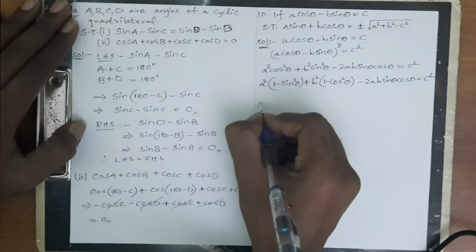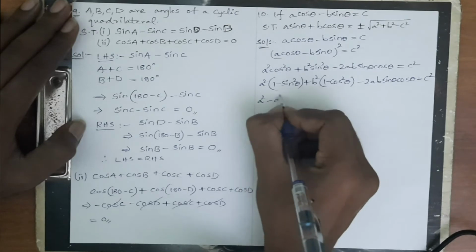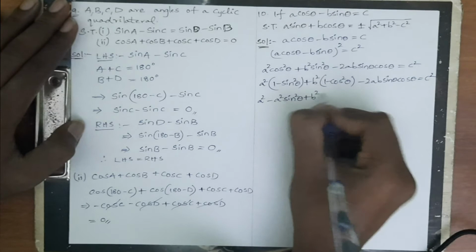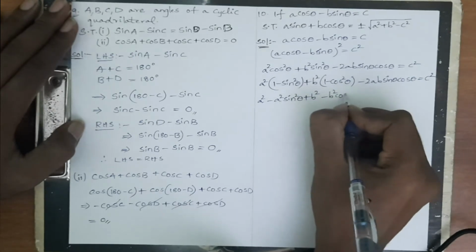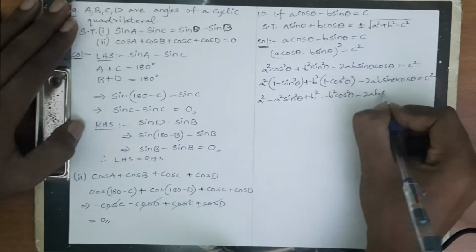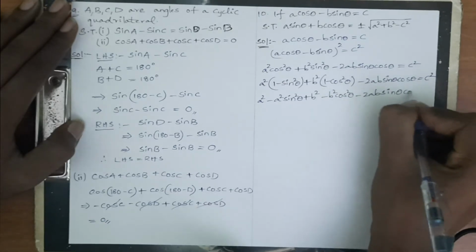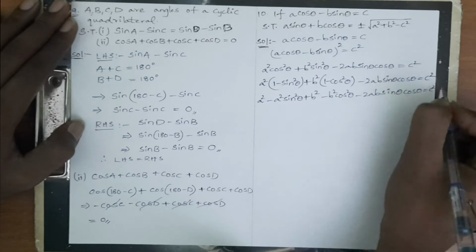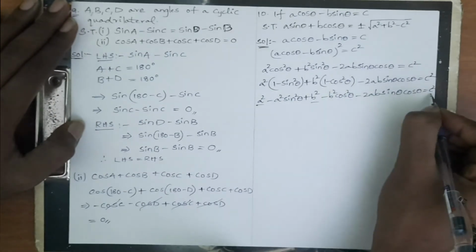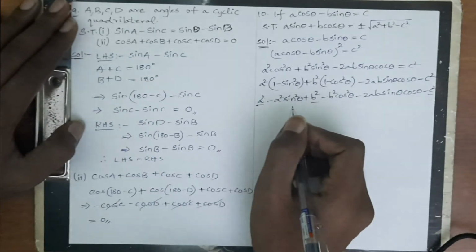So let's expand this bracket. So A square minus A square sine square theta plus B square minus B square cos square theta minus 2AB sine theta cos theta, that equals C square. So let us bring this A square, B square and C square onto one side.